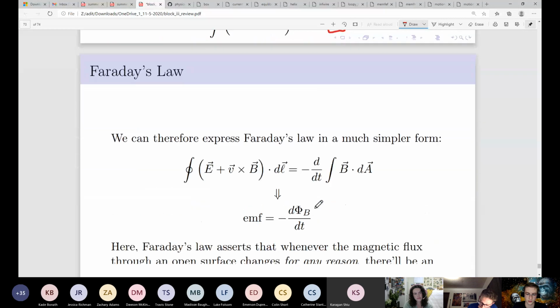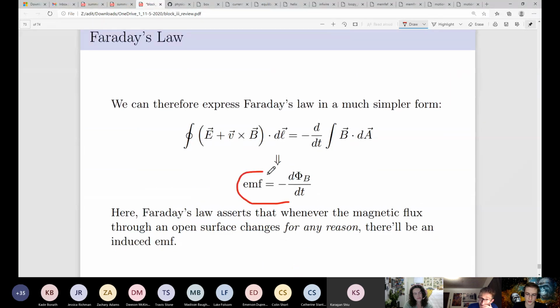And that gives us the super nice, concise way that we deal with Faraday's law in Phys 2. We just say that the EMF, which is basically all the stuff on the left-hand side, is equal to the negative time derivative of the flux. Again, if the flux through an area is changing for any reason, there's going to be an induced EMF on the boundary of that region.